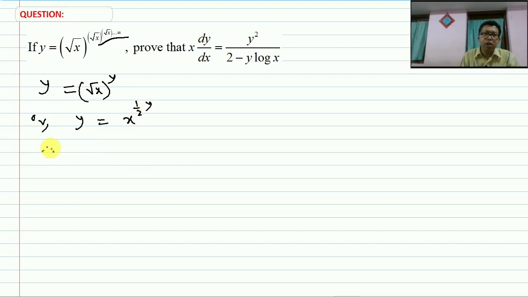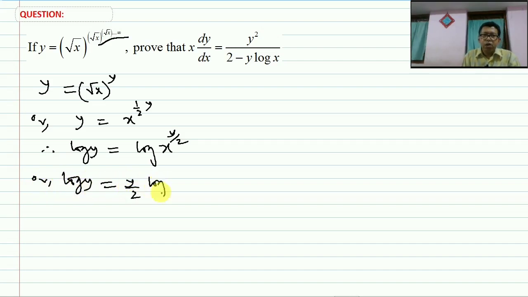So take the log: log of y is equal to log of x to the power y divided by 2, or log of y is equal to y divided by 2 times log of x. Obviously you should understand that the base of both the logs is e.